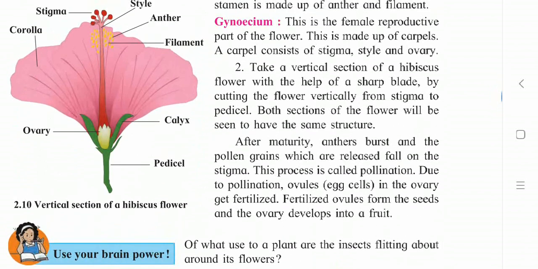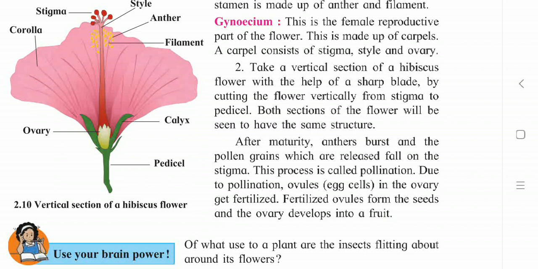After maturity, anthers burst and the pollen grains which are released fall on the stigma. This process is called the pollination process in plants. Due to this pollination, ovules in the ovary get fertilized. Fertilized ovules form the seeds and the ovary develops into a fruit.